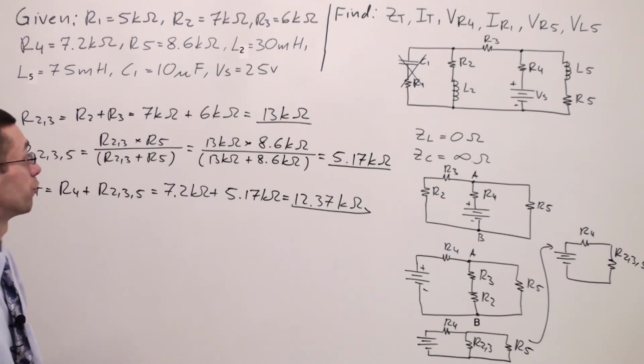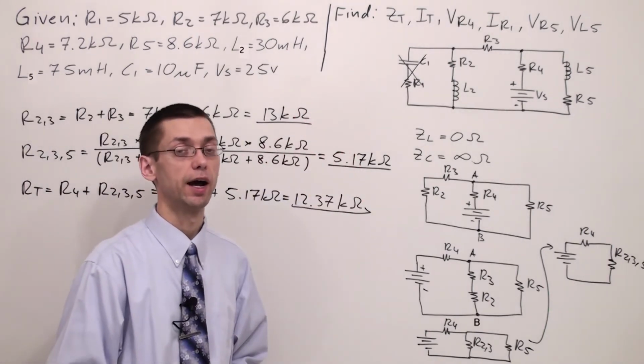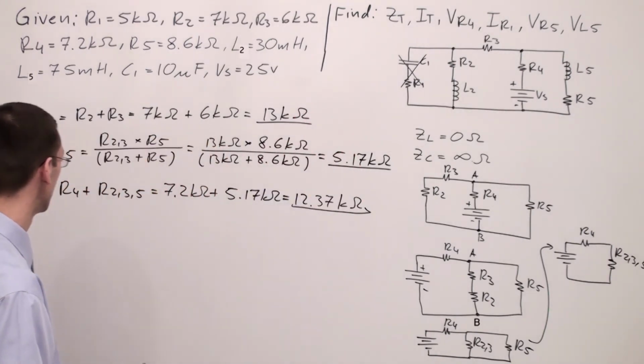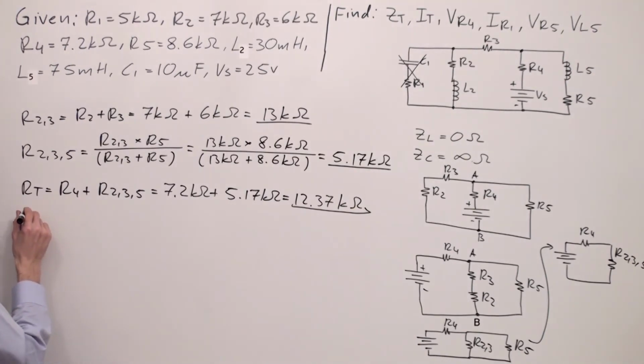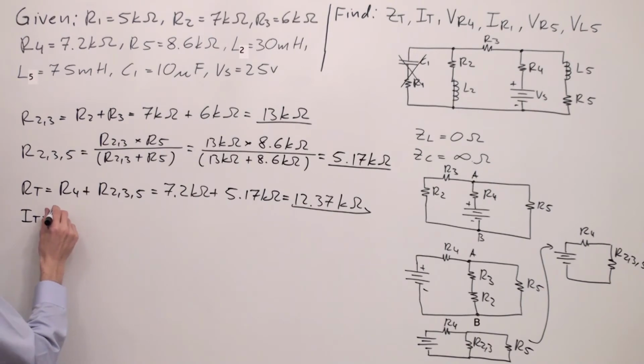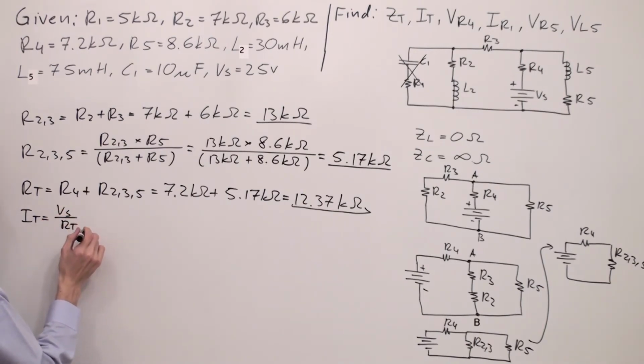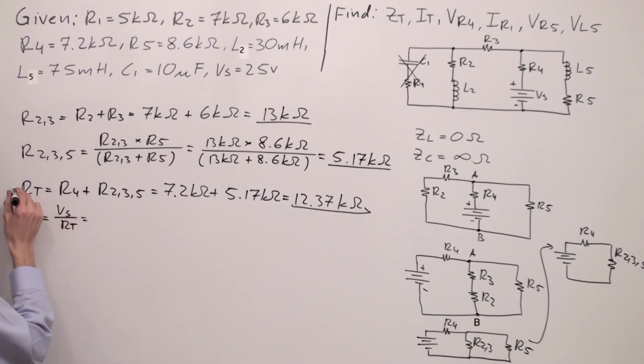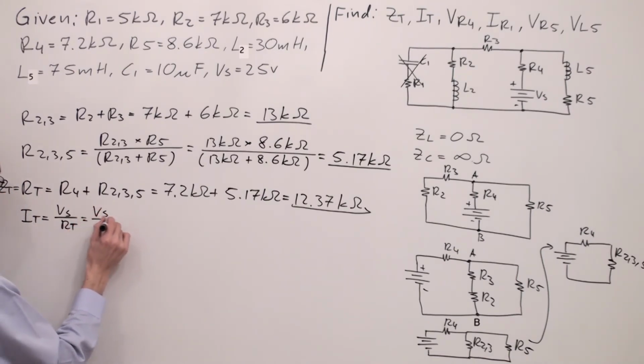Next, we're supposed to find I total. In order to find I total, we are going to use Ohm's law. I total is equal to voltage source over R total. Don't forget that anytime we talk about R total in this case, this is equivalent to Z total. So we can say this is voltage source over Z total also.